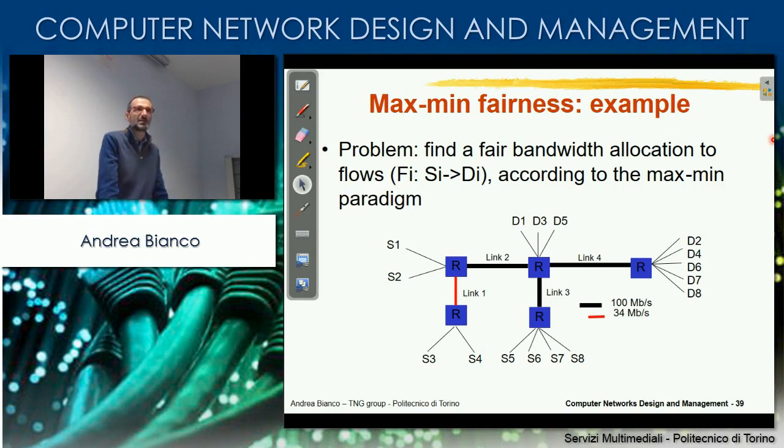So flow 1, for example, is composed by packets sent from source 1 to destination 1, from S1 to D1, flow 2 from S2 to D2, and so on and so forth. This is a very simple topology. It's called parking lot topology, and all of the links have 100 megabit per second speed, except for this first link here, which has a 34 megabit per second speed.